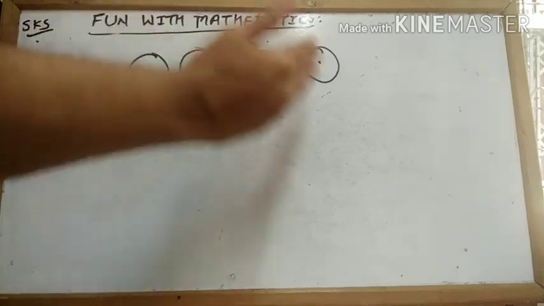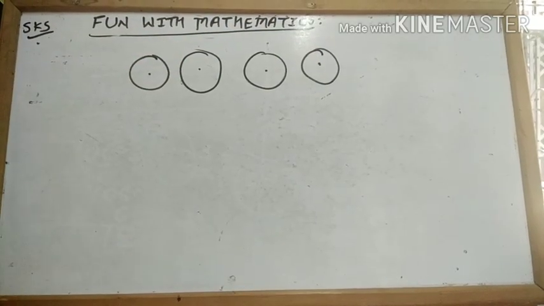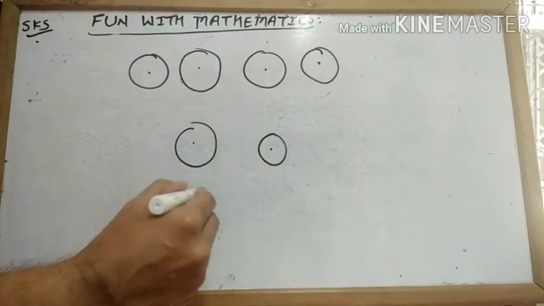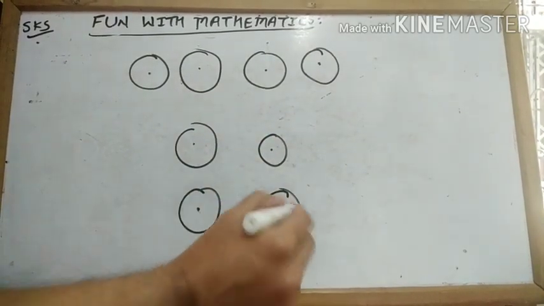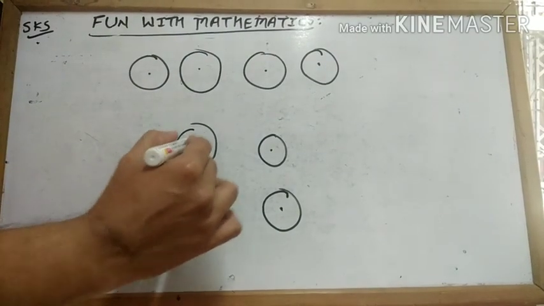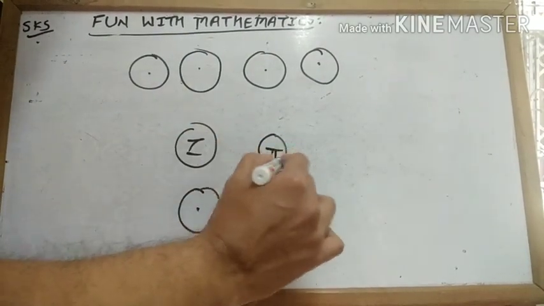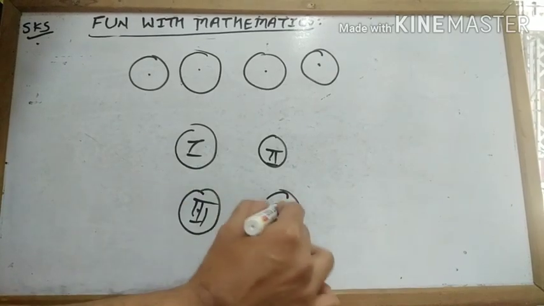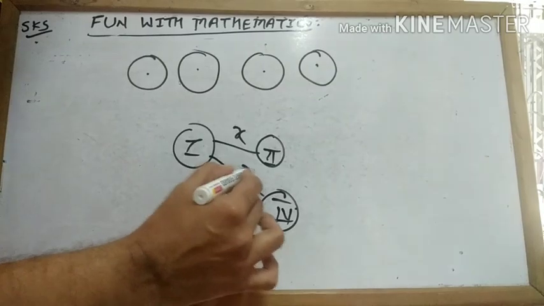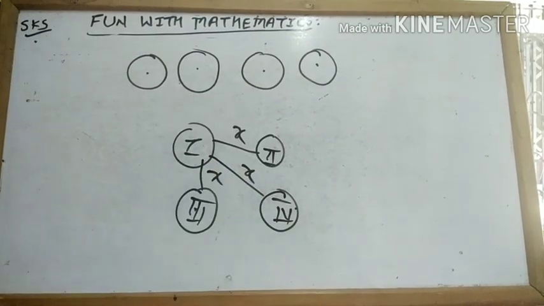Now you have to arrange all the 4 coins in such a way that, listen to the question part very carefully, each coin is equidistant from the other 3 coins. That means, say this is the first coin, this is the second coin, this is the third coin, and this is the fourth coin. Say this distance is x, this also should be x, and this also should be x.